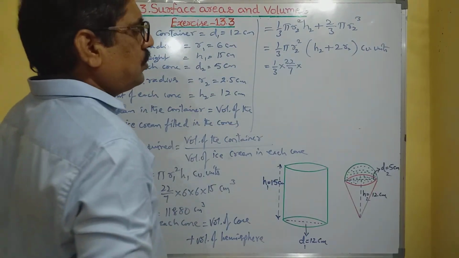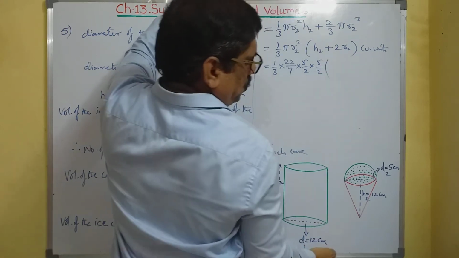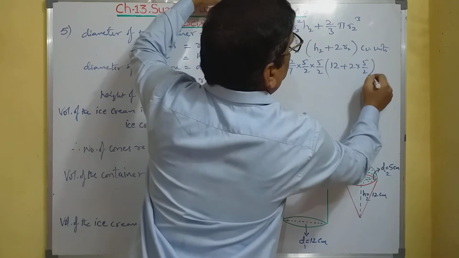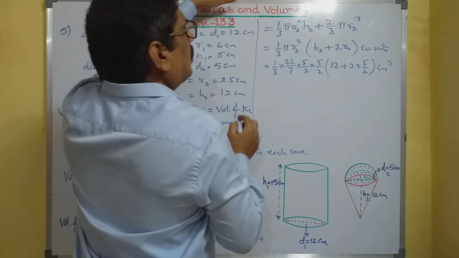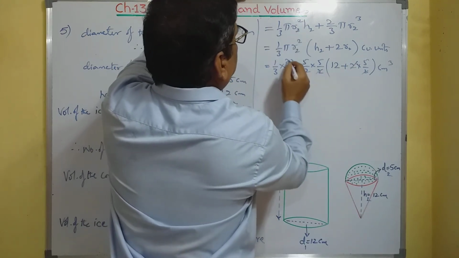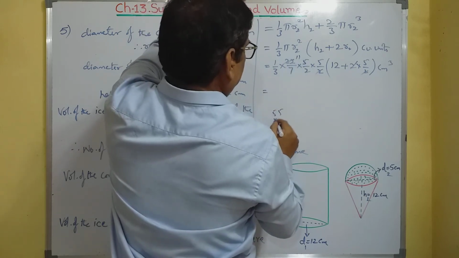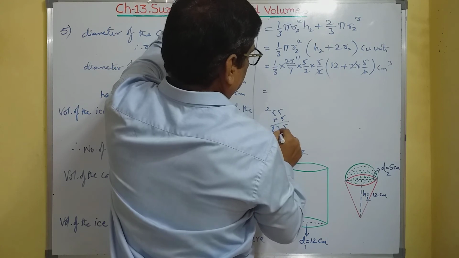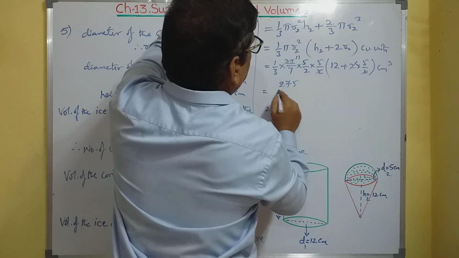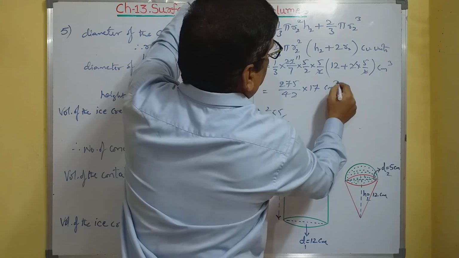What is the radius? 2.5, otherwise we can write it as 5 by 2, into h2, height of the cone is 12, plus 2 into r2 is 5 by 2, centimeter cube. Now here 2 will be cancelled. Here 2 11s are 11, 11 5 is 55, 55 into 5, 275 by 3 7 is 21, 2 is 42 into 12 plus 5, 70 centimeter cube.